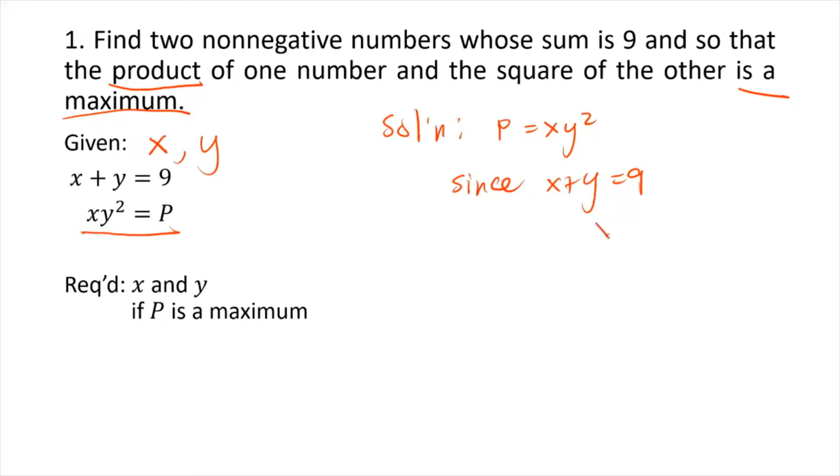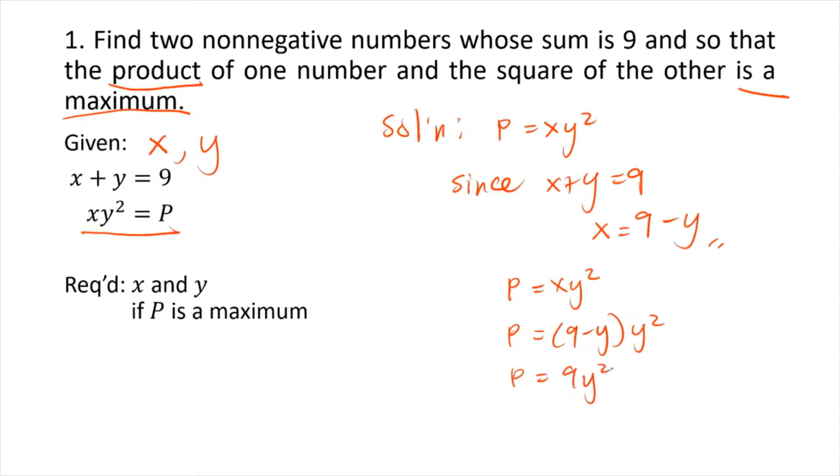Say we isolate x, so we get 9 minus y. Then we'll plug in this equivalent expression for x to the primary equation. Again, our primary equation is p equal to x y squared, and since x is equal to 9 minus y, we can write our primary equation as 9y squared minus y cubed.